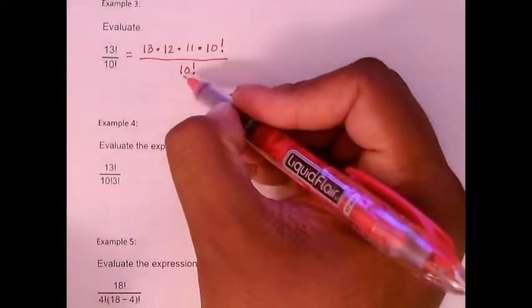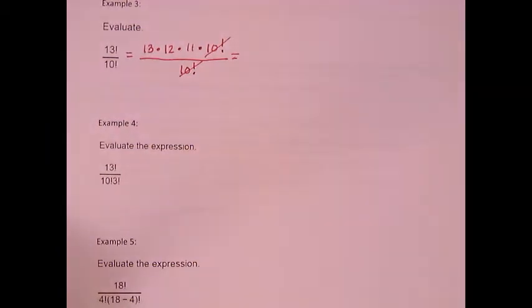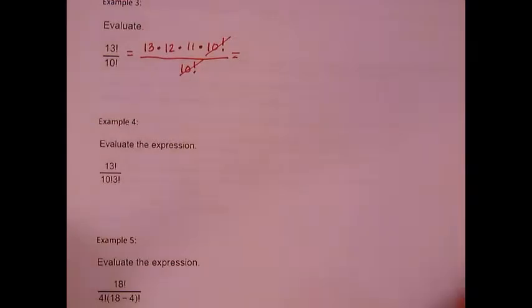In this case, my 10 factorials divide out. Then I'll just multiply 13 times 12 times 11 to get my final answer of 1,716.